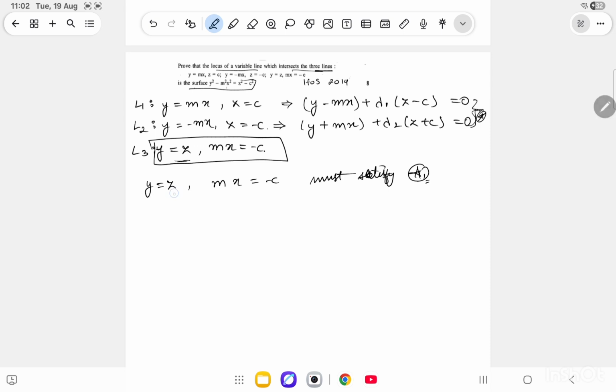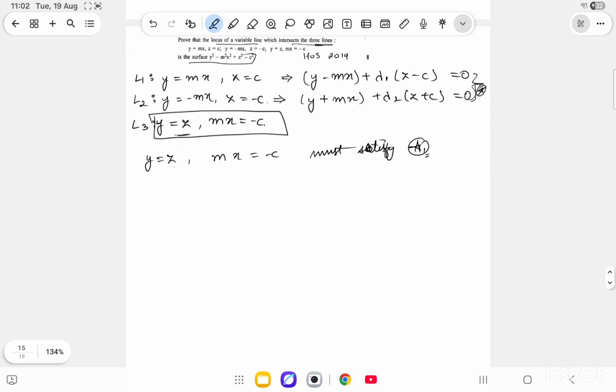So if I substitute y equals to z and mx equals to minus c in the above equations of planes, I'll get, y equals to z, so it is z, at place of mx I'm supposed to substitute minus c, so it will be z plus c plus lambda 1 into z minus c equals to 0, and from the second plane I'll get z minus c plus lambda 2 into z plus c equals to 0.